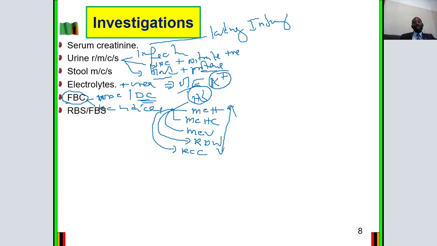What we need to know are the ranges. So the random blood sugar is 3.6 to 6.6 millimoles per liter. So we know that from 6.7 up to 11, that is pre-diabetic.